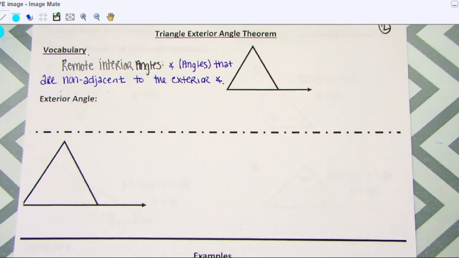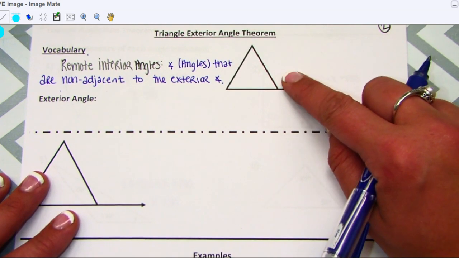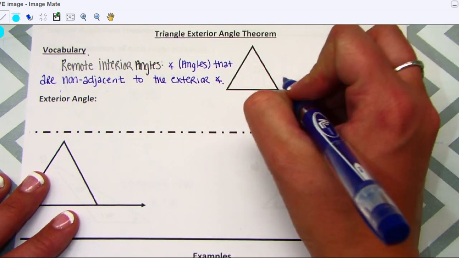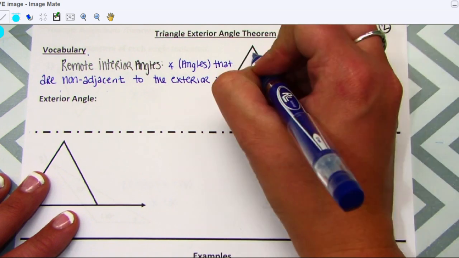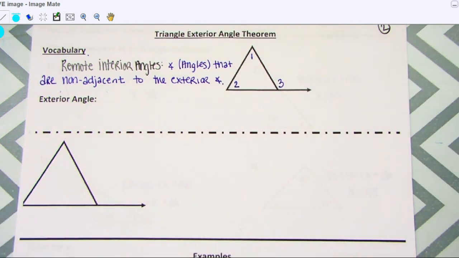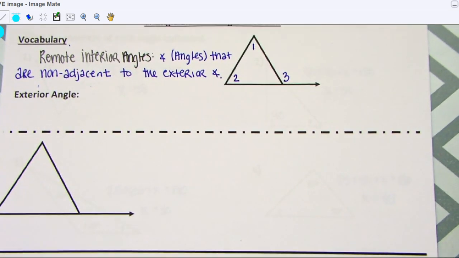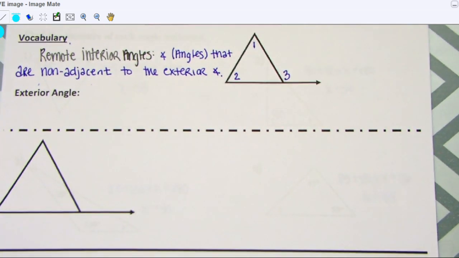All right, so remote interior angles, those are angles that are non-adjacent to the exterior, okay? So inside of our picture, we have an exterior angle located here. I'm going to label that with a 3, and we're going to label these two 1 and 2, okay? So in our picture, angle 3 is going to be considered our exterior angle. Adjacent means next to.